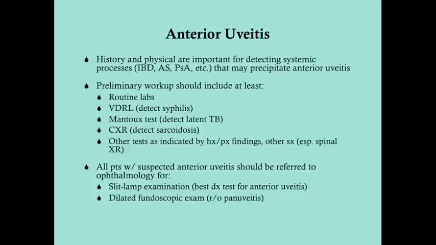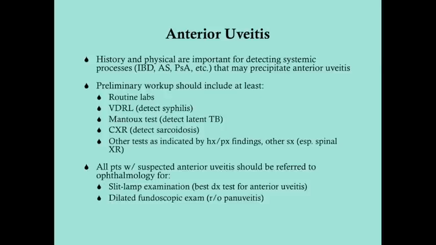So when you're coming to a diagnosis, the history and physical are going to be important because some of the processes that lead to anterior uveitis are systemic. Like inflammatory bowel disease, where the patient may complain of abnormal bowel habits, diarrhea, blood in the stool; ankylosing spondylitis, where the patient may complain of stiffness in the back; and psoriatic arthritis, where you have recurrent skin lesions.